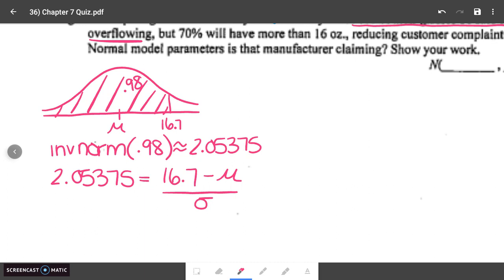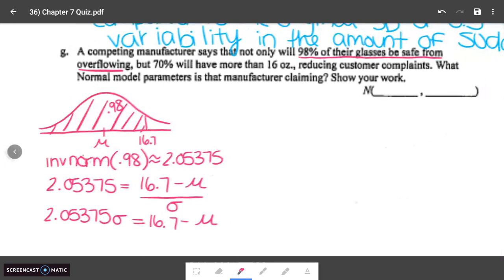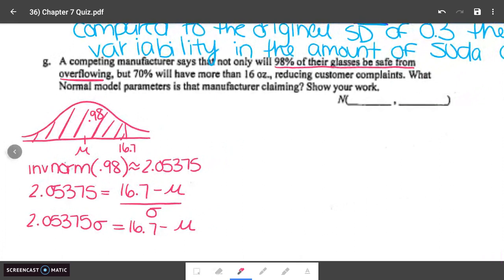So I can't really do much with that. Maybe I can cross multiply and leave it as our z-score times that standard deviation, not theta, equal to 16.7 minus mu. So I'm going to leave that alone for a second. We're going to come back to that in a moment. So that's all just for if we had the 98% of glasses that are safe from overflow.